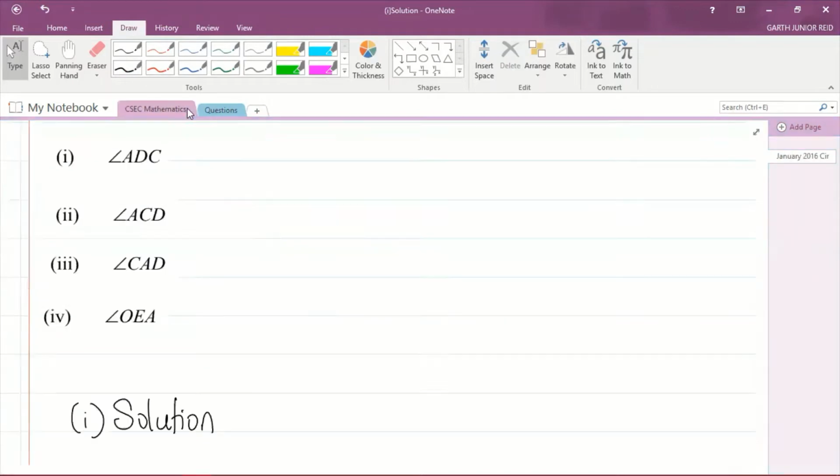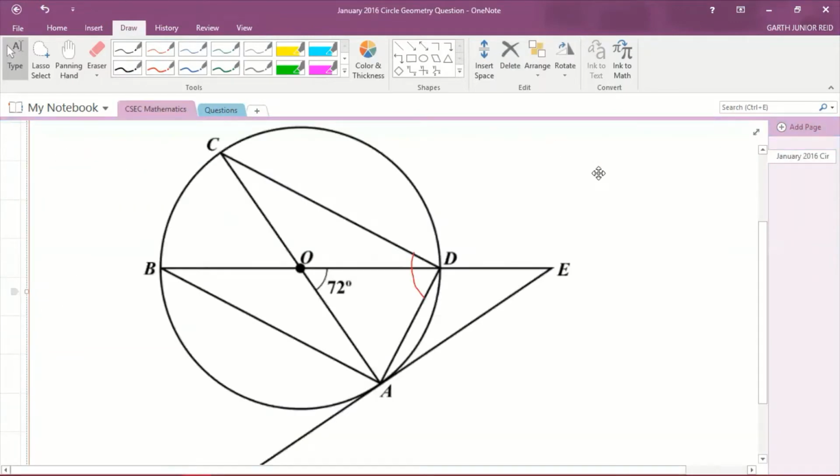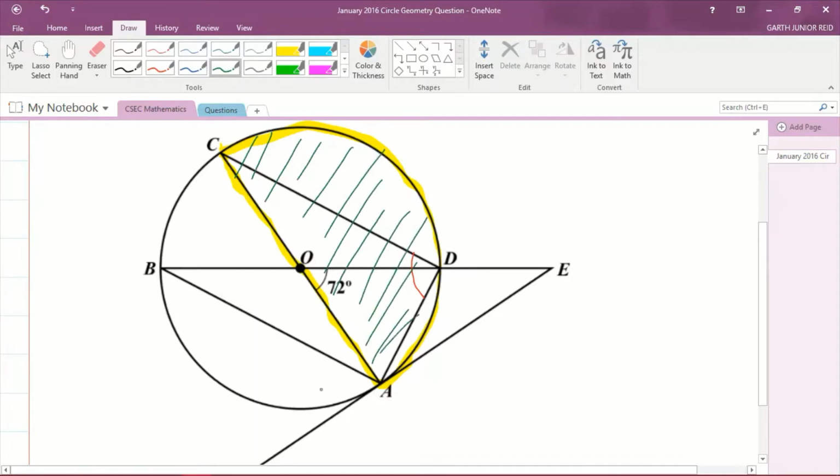Well, there is a theorem which says that every angle at the circumference of a semicircle, so I'm going to highlight this semicircle that we're looking at. All of that there is the semicircle.